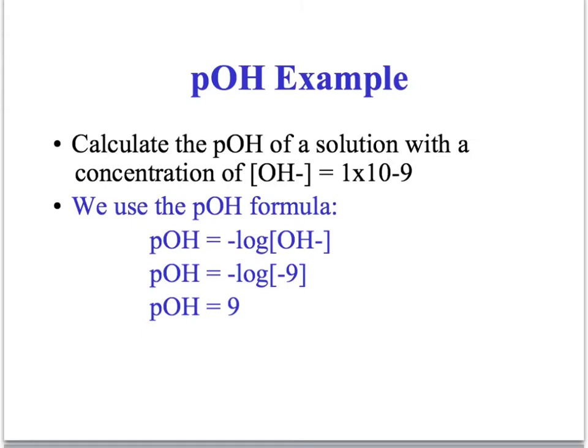This time we have a hydroxide ion concentration of 1 times 10 to the negative ninth. When we plug it into our formula, we end up with a pOH of 9. It's the exact same mathematical steps that you would use to calculate pH, except you're just using OH instead.